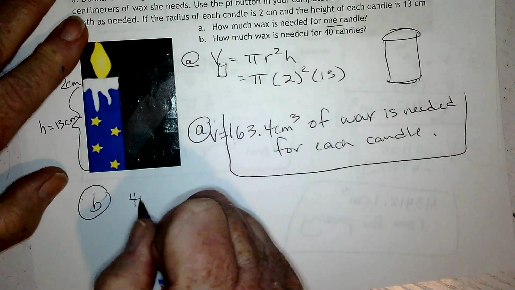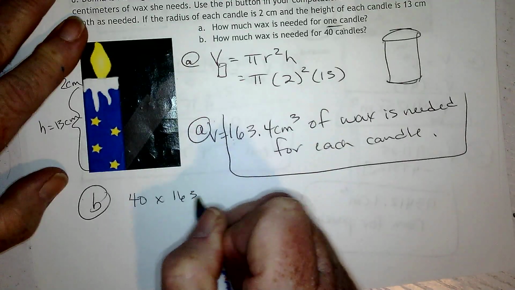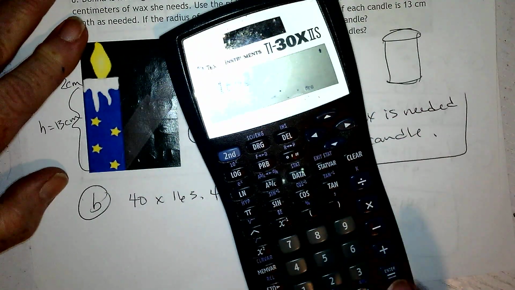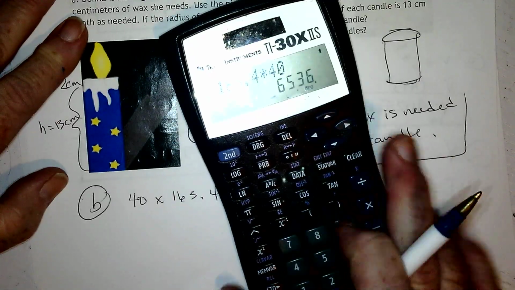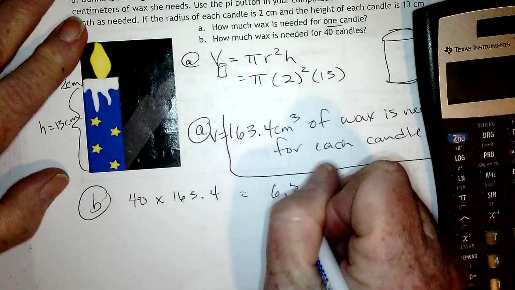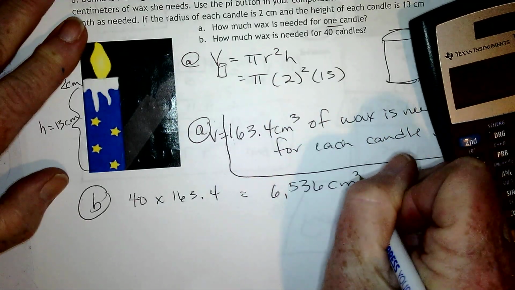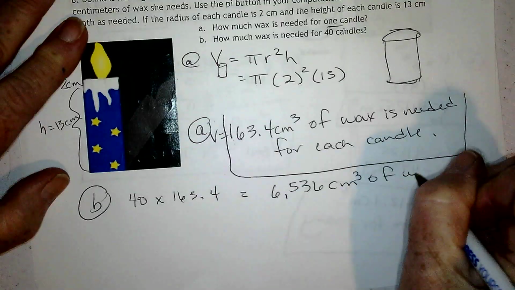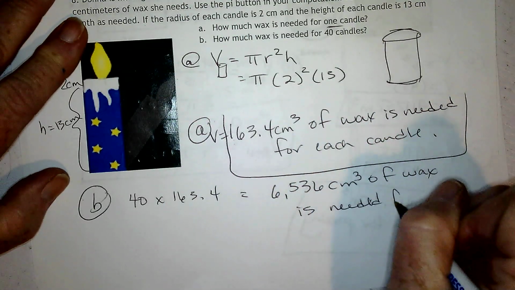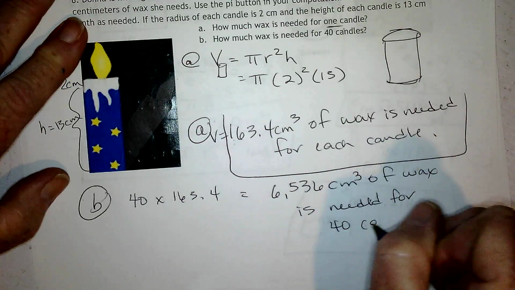So 40 times this. So 163.4 times 40 is 6536. So 6,536 centimeters cubed of wax is needed for 40 candles.